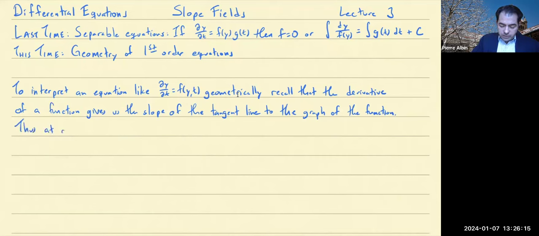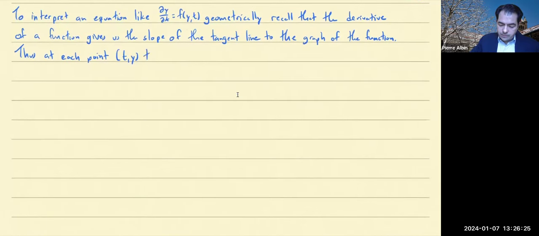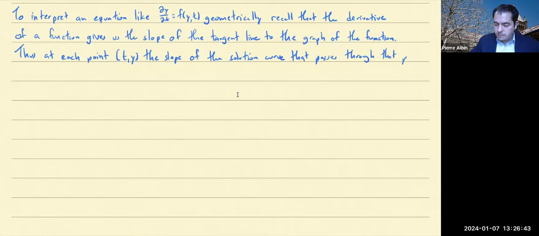So at each point t comma y, the slope of the solution curve that passes through that point is exactly given by this function f.